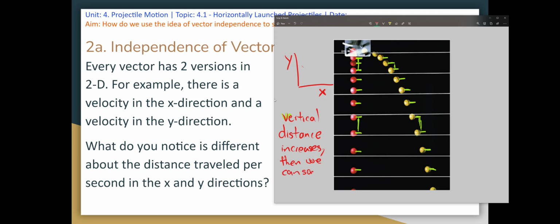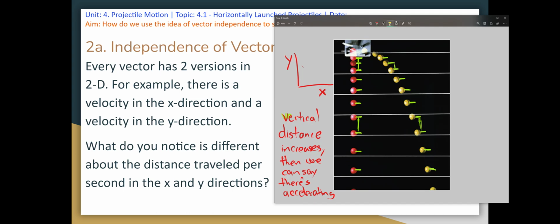There's acceleration here, right? My object is getting faster. The velocity of this object is changing because clearly you travel a greater distance each second. So it is accelerating, it is increasing. And so that's our vertical distance, right?